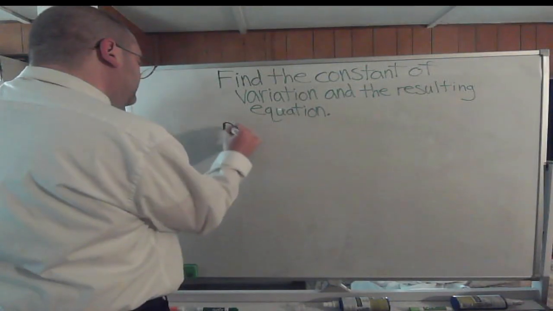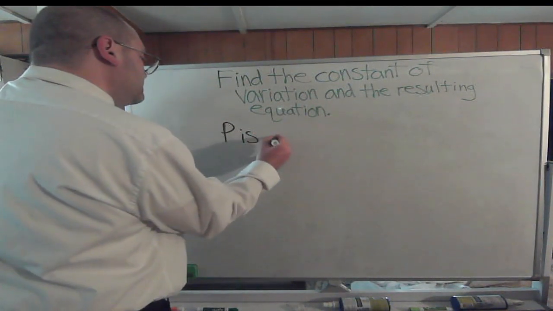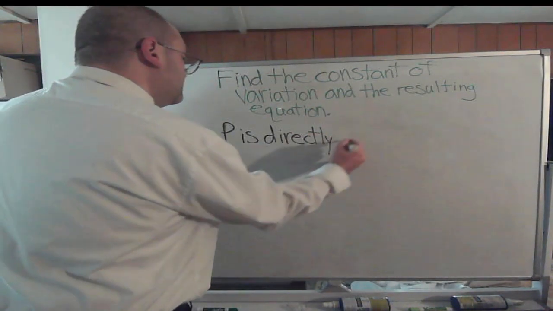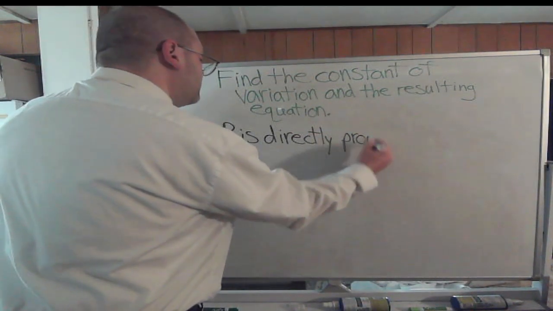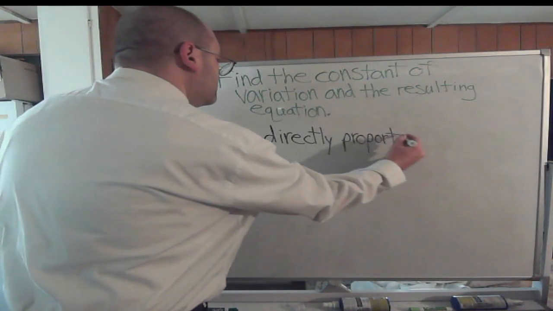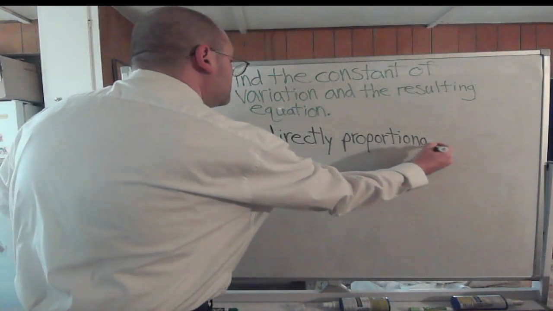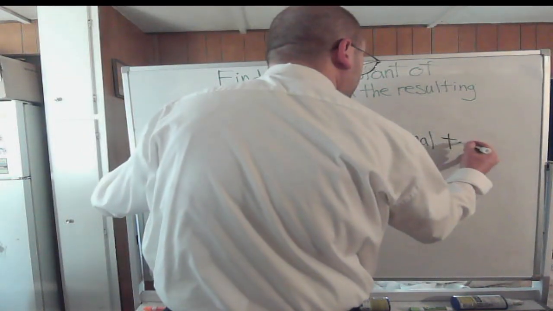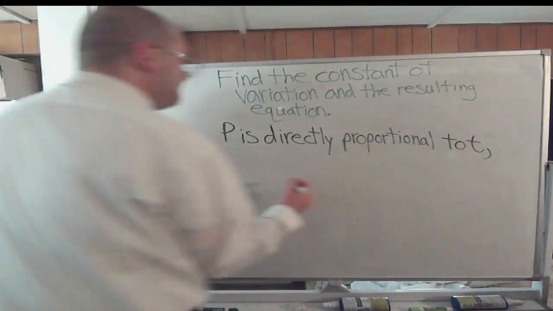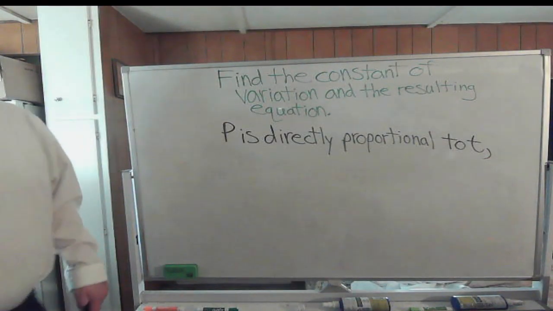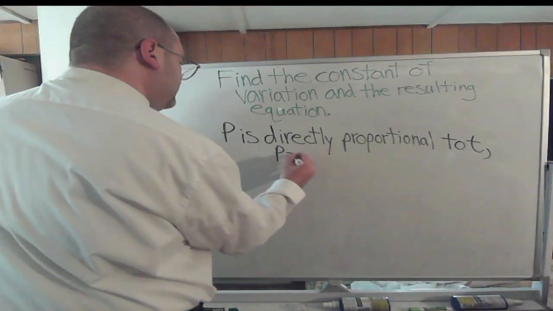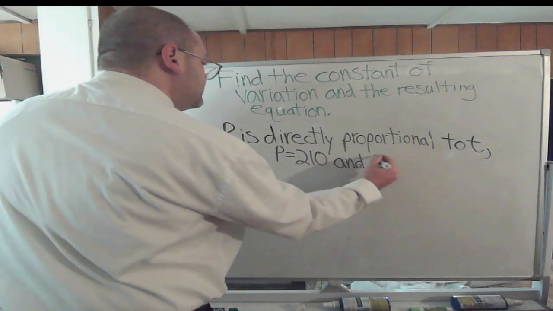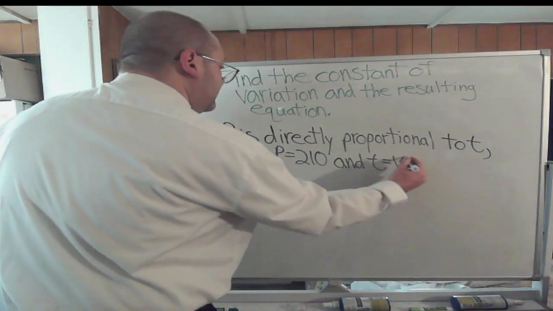Let's see, P is directly proportional to T. Then we're given P equals 210 and T equals 14.